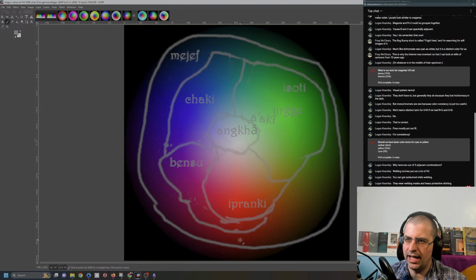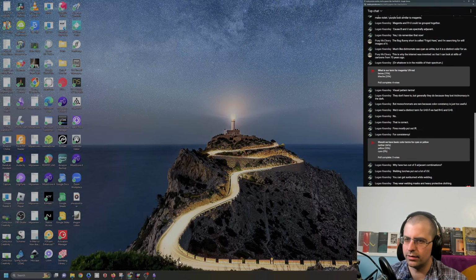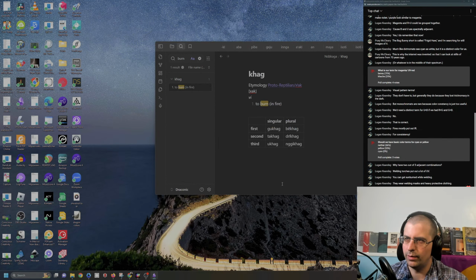Since we're not doing that, I'm also not going to bother with saturation as color terms. We'd really only have one basic color term for desaturated color in English, right? We have brown, which is desaturated reds and greens. So I don't think it's going to get to the point where they're talking about desaturated colors when we have this.